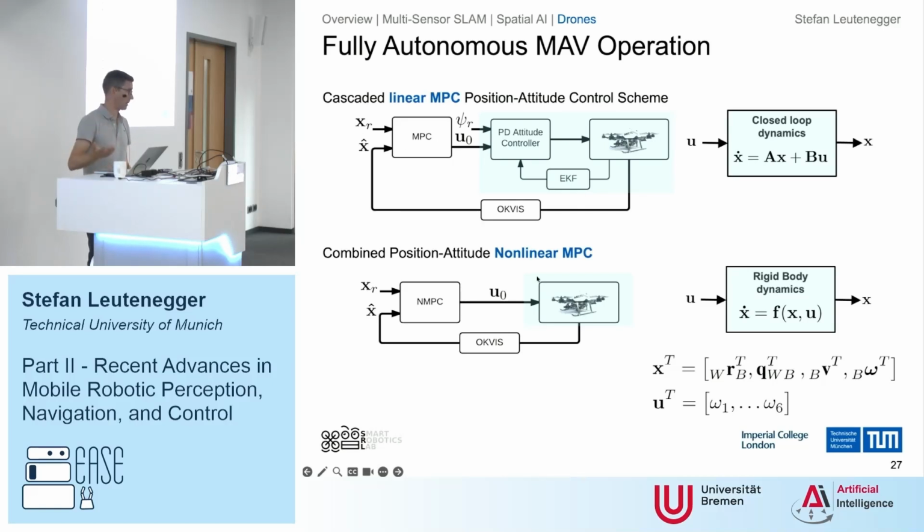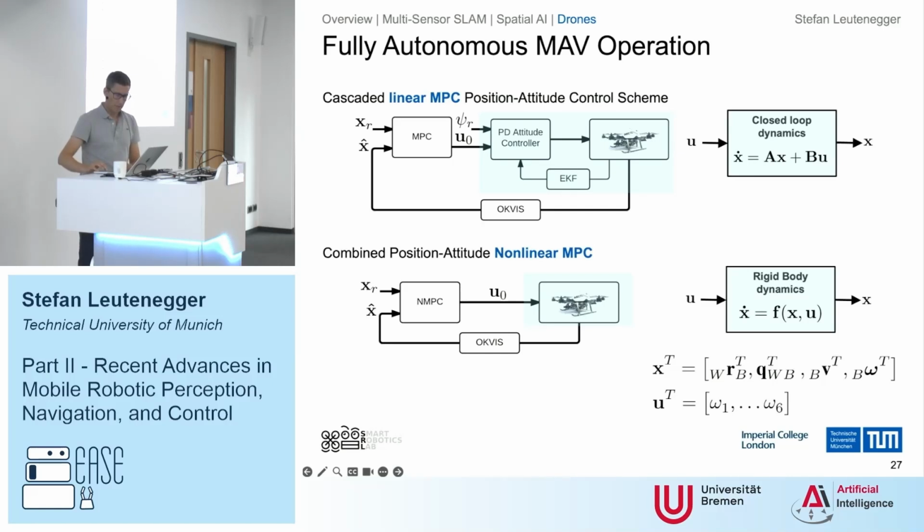So that works quite well. But to do the more aggressive stuff that I've also shown before, we moved more towards identifying the fully nonlinear dynamics, and then directly doing nonlinear MPC and directly trying to find the rotor speeds of the individual motors to perform these kinds of maneuvers.